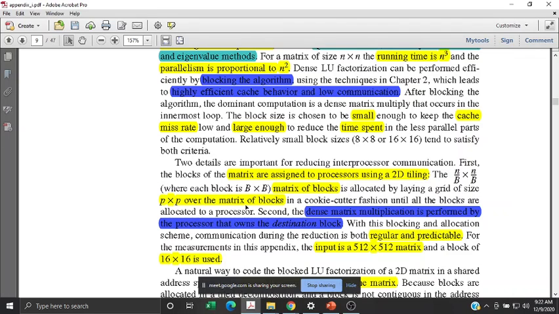So one is block size, another is the problem size, and the third one is the processor matrix. Dense matrix multiplication is performed by the processor that owns the destination block. So if somebody is able to write the final results, he is the one who is the manager, so he is able to fork and join things.